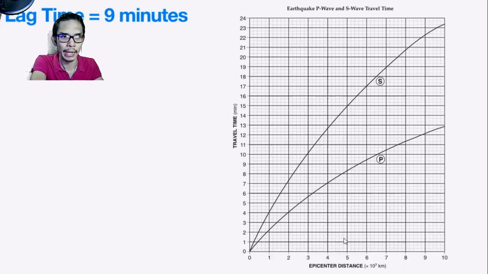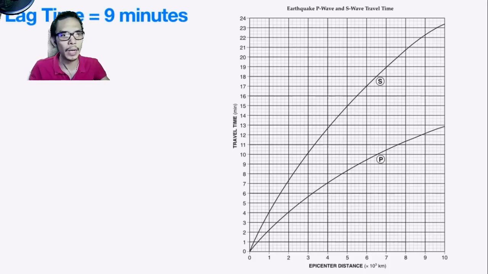The one at the x-axis. Alright, so in the travel time, there is an interval between minutes that you have right here. And the epicenter distance also has an interval. Now, epicenter distance is in 1,000 kilometers.